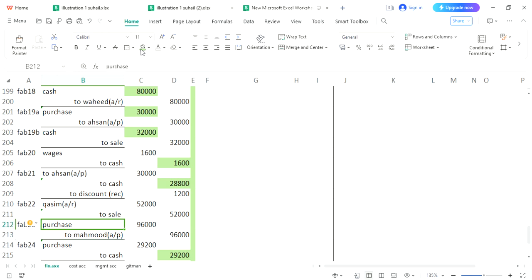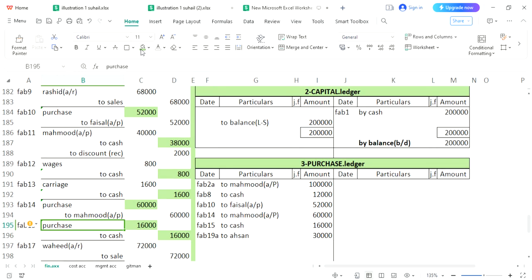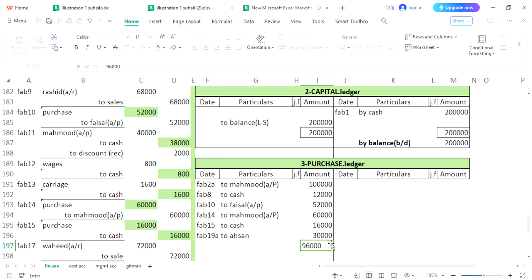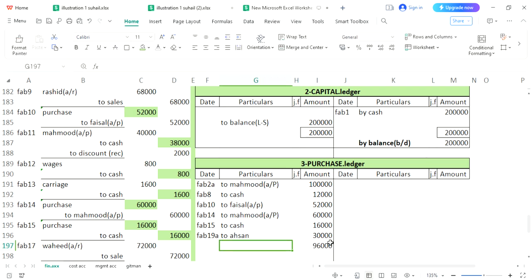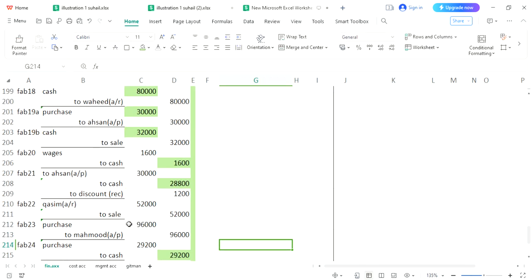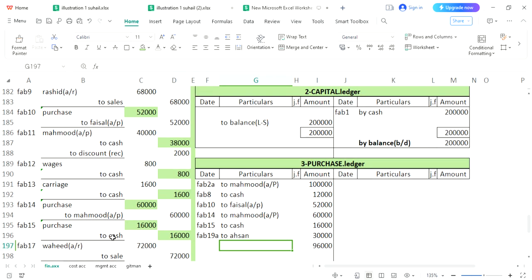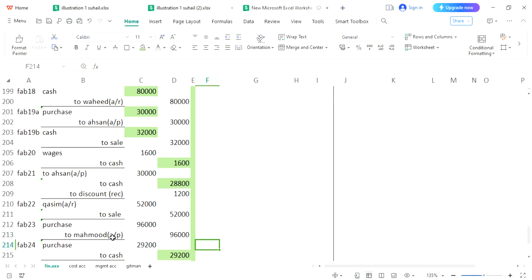Yes, we have found purchase is debited 96,000. Come over here in the amount column, write down 96,000 and see its reference. 96,000 purchase is debited. What is written on the opposite side? Mahmood. This would be used as reference. Mahmood is account payable again. 96,000 was the entry.